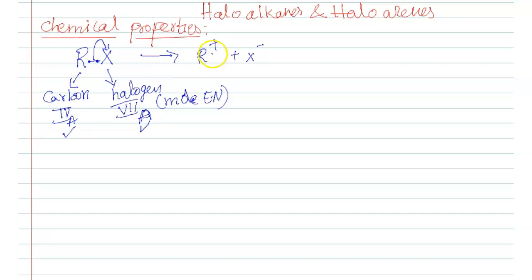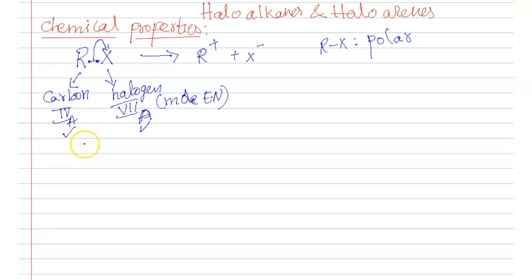Heterolytic cleavage of RX gives R plus and X minus, one cation and one anion, because RX is a polar molecule. X is a halogen, a seventh group element, so it can take the electrons from that bond and gives X minus.